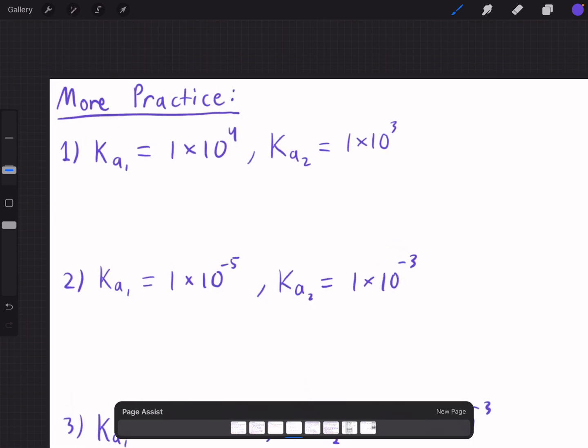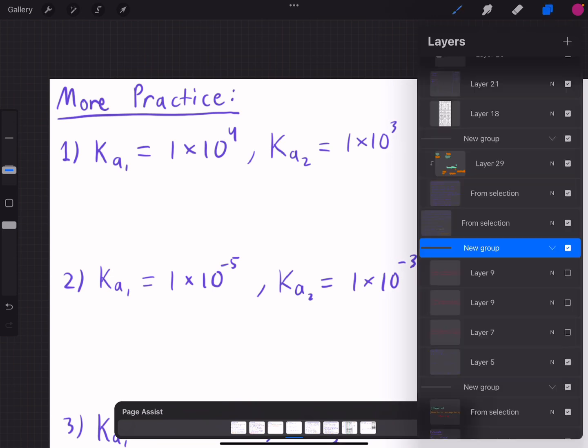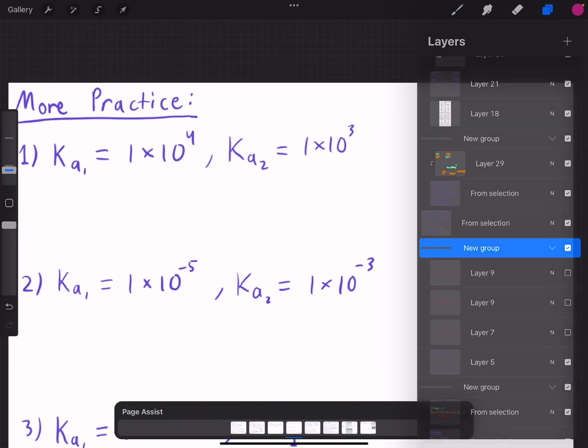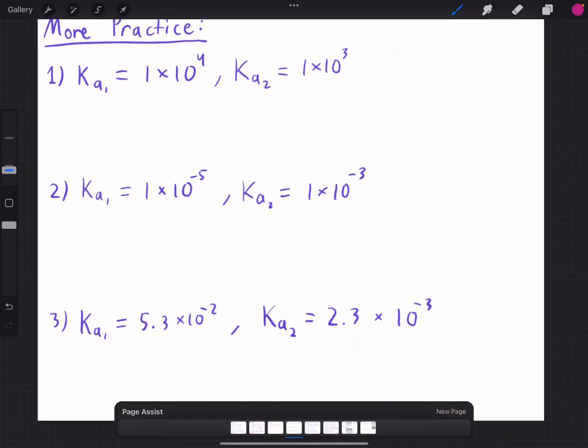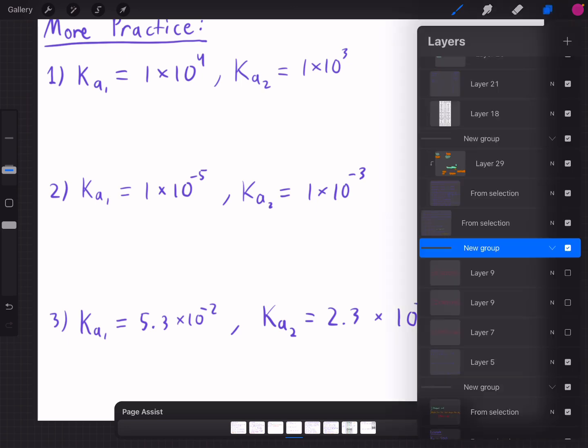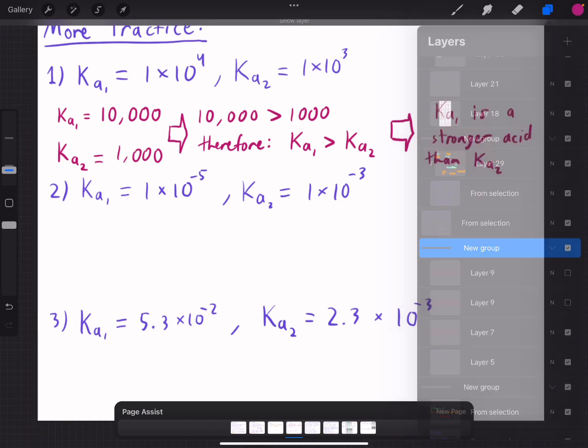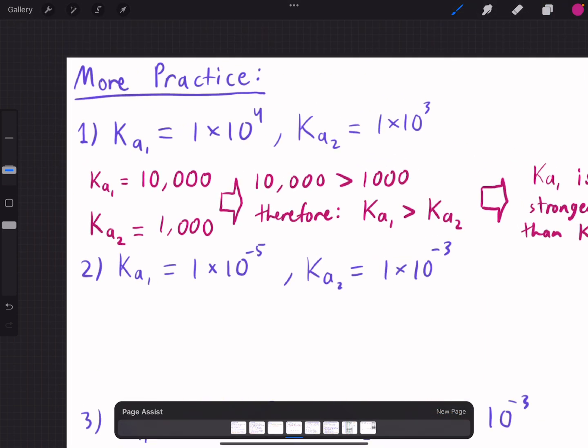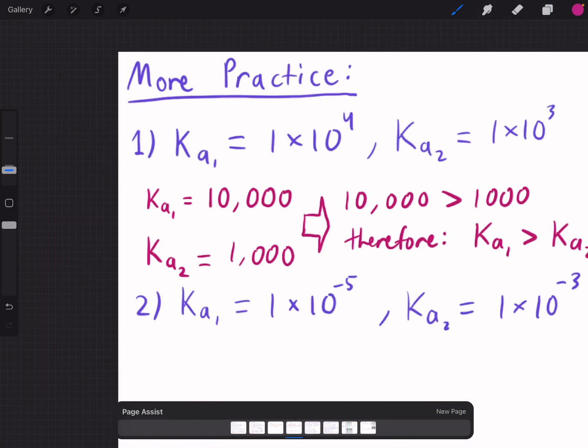So just to do some practice, you can pause the video and try it on your own if you'd like to. Here are the different practice ones you can do. So say which Ka is stronger. Is it Ka1 or Ka2? I do have some of them written down already, not in scientific notation. Once again, probably helps out with visualization.